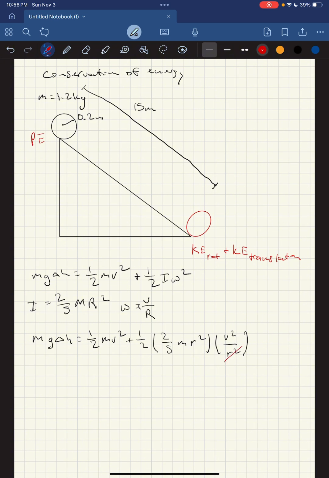Your r squareds cancel out, your masses will cancel out throughout the entire equation, and your 2's here also cancel out. So you should be left with something like g delta h equals 1/2 v squared plus 1 over 5 v squared.